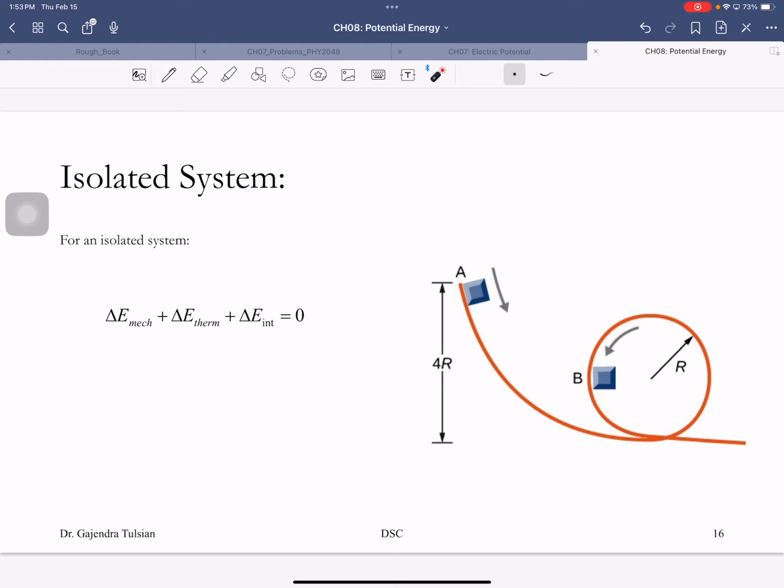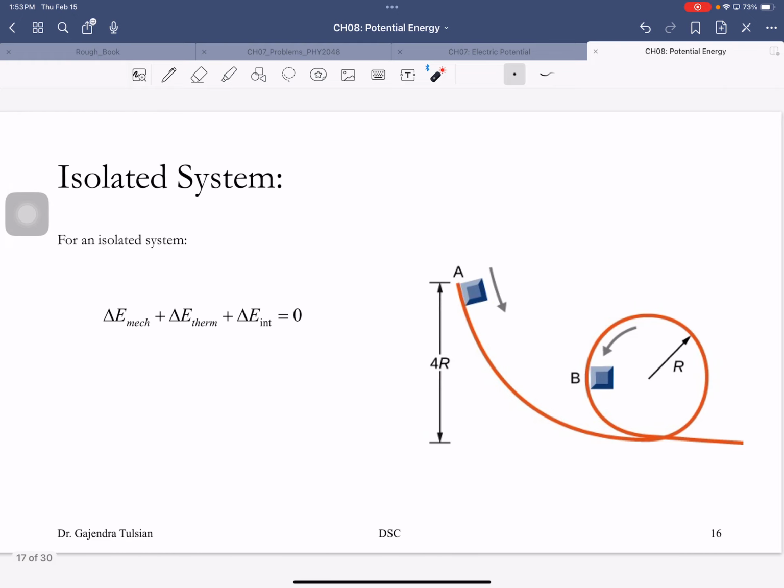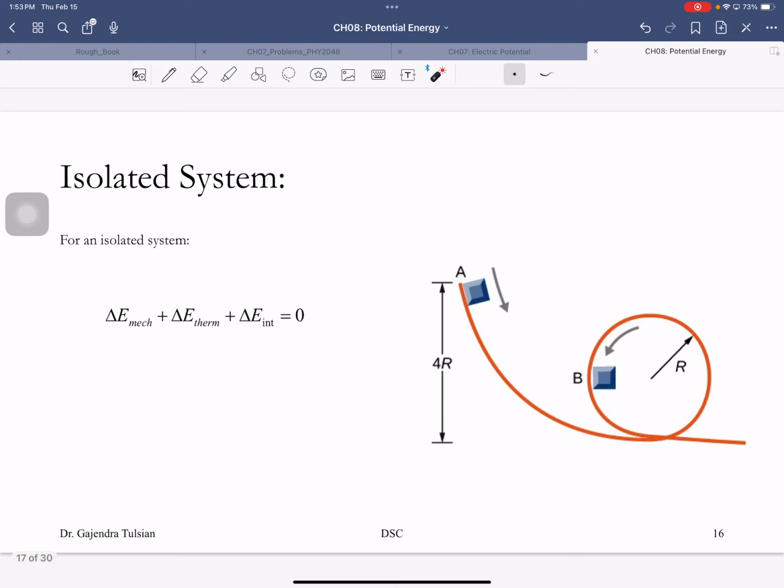If friction was present as well, and you could keep track of the heat and the mechanical energy, the total energy in this system would be the same at all locations.